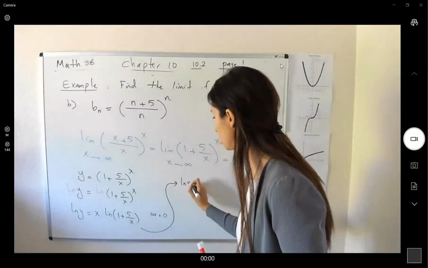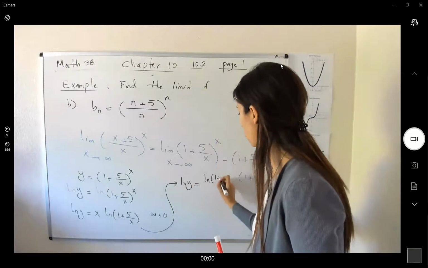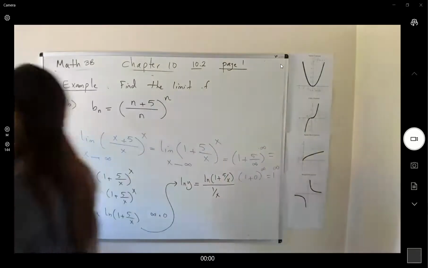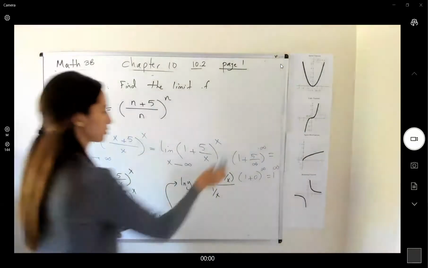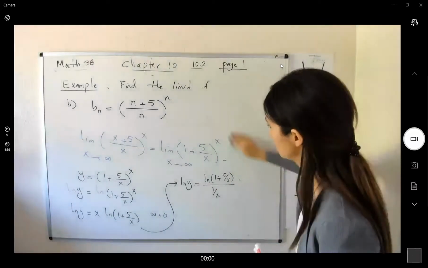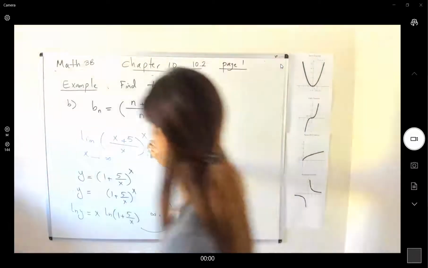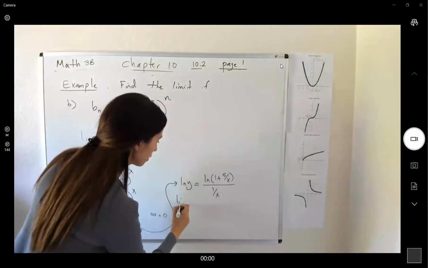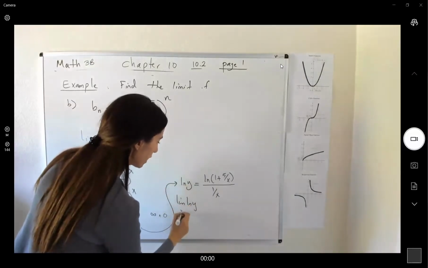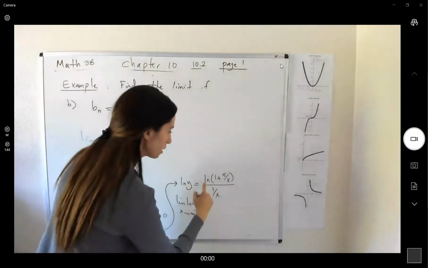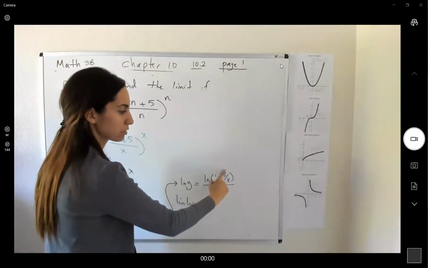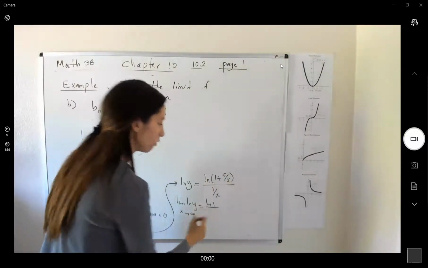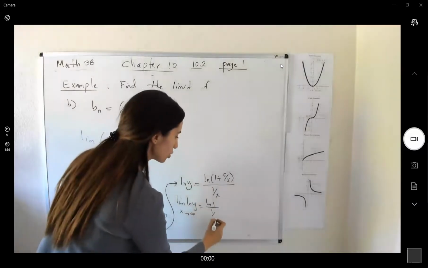I can write x in the denominator this way. This is ln of y equals ln of (1 plus 5 over x) divided by 1 over x. Then I can apply L'Hopital's rule. So the limit of ln of y as x goes to infinity is the limit of ln(1 plus 5 over x) divided by 1 over x, which is ln of 1 divided by 1 over infinity, which is 0.